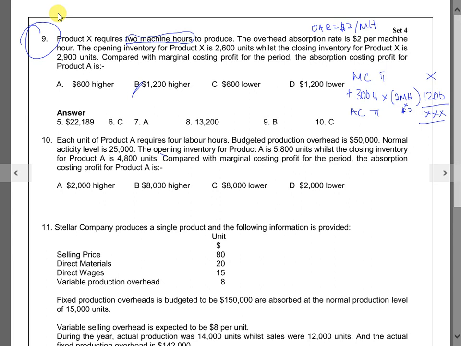So 1 unit requires 2 hours and every hour is $2, so 2 times 2, $4 per unit. If you apply this same concept to the earlier example, it's the same. Given is per hour, we want it per unit. So this one increases, we have more X, so MC will be lower than AC. Can we now try number 10?